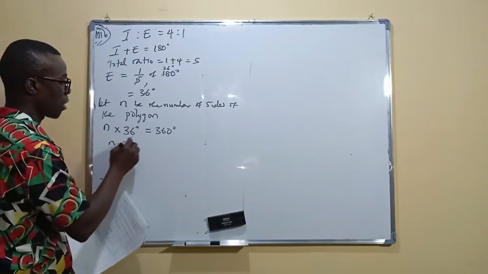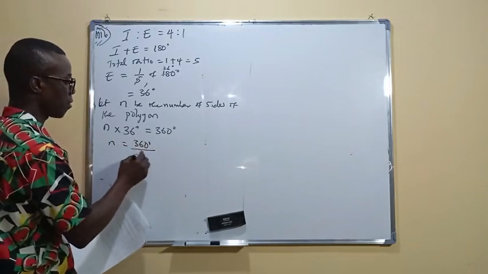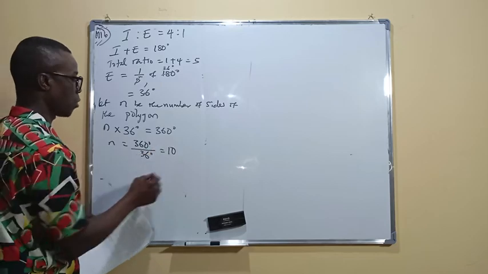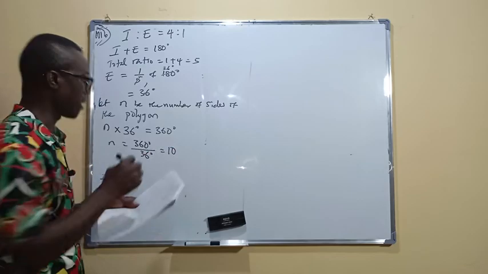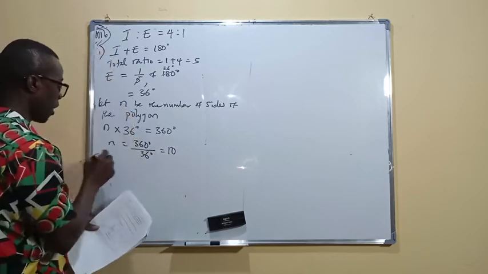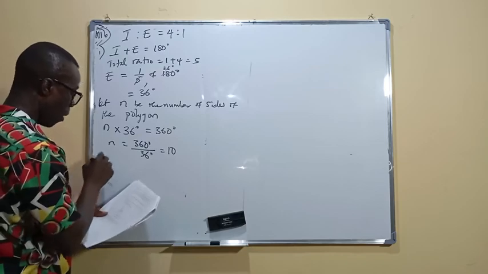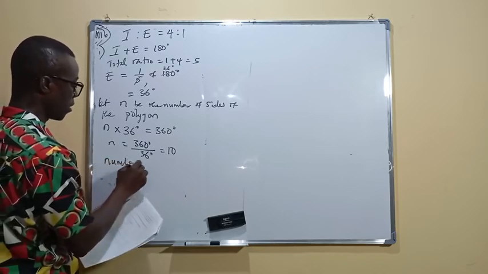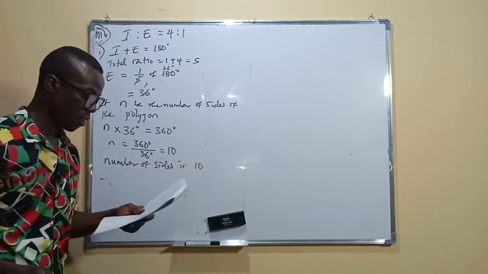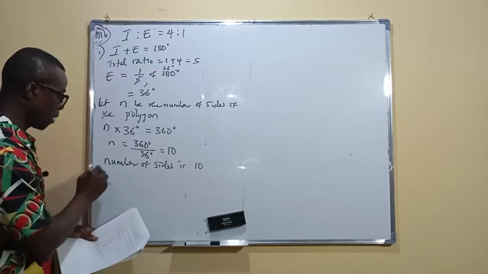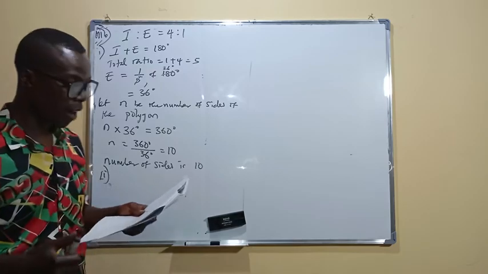So n becomes 360 degrees divided by 36 degrees, and that gives you 10. Yes, so the number of sides is 10. That answered the first part. So the number of sides is 10, right?